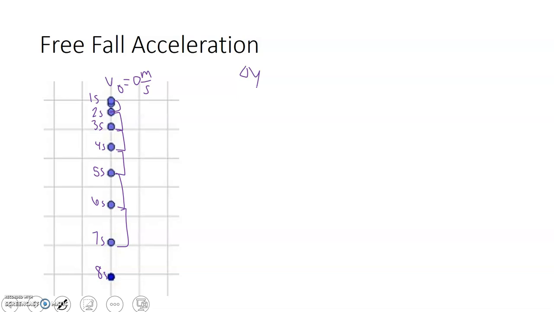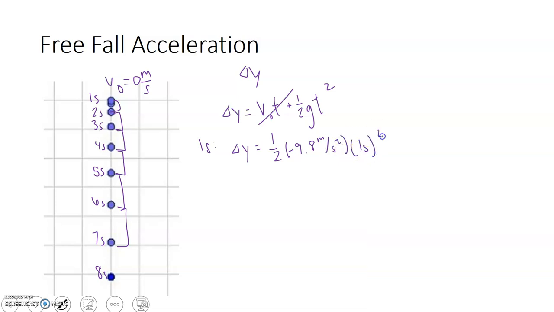So after 1 second, we can find how far any object would drop in free fall using the equation vertical displacement is equal to the initial velocity times time plus 1/2 g t squared. The initial velocity is 0, that crosses out. So after 1 second, the vertical displacement is equal to 1/2 times negative 9.8 meters per second squared times the time squared, 1 second.